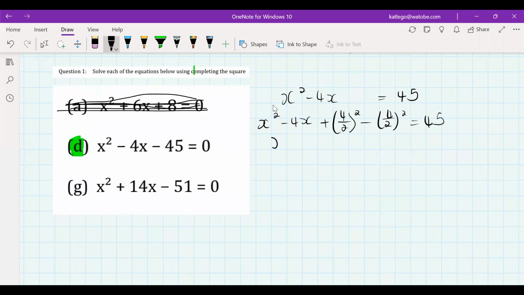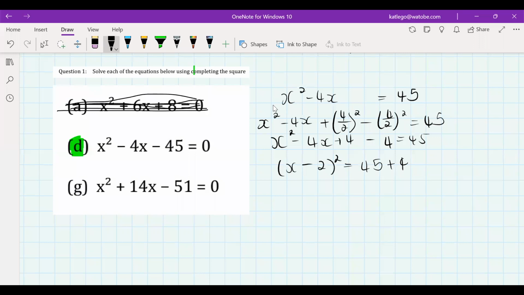So then we have x squared minus 4x plus 4, equals 45. And our bracket will be, am I doing the right thing? It looks like it, so I'm just going to keep it going. 45 plus 4, sorry. Okay, that's a square bracket.